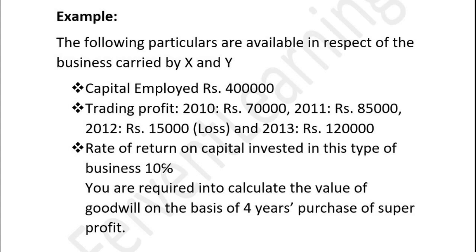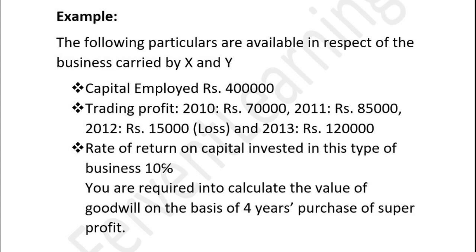Here profit and loss of last 4 years are given. Okay. Then rate of return on capital invested in this type of business is 10%. You are required to calculate the value of goodwill on the basis of 4-year purchase of super profit.